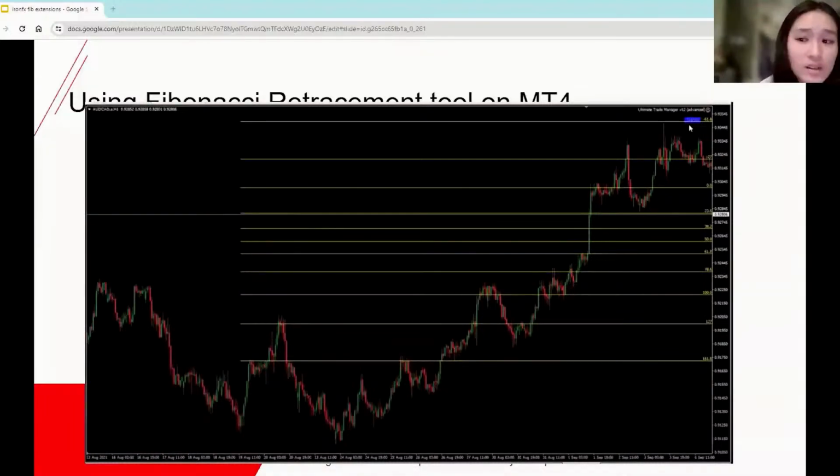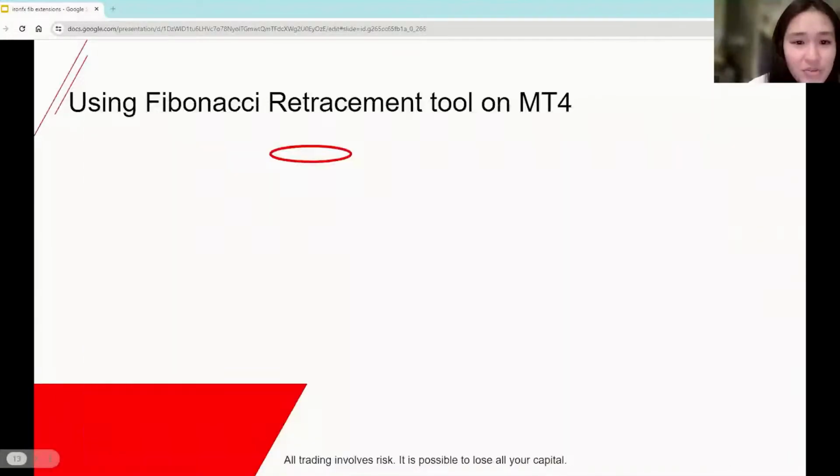If you want to add or edit any Fibonacci levels, you simply right click on the Fibonacci trend line. It's pretty faint over here, but there is a red dotted line. This is what you will get when you right click on it.